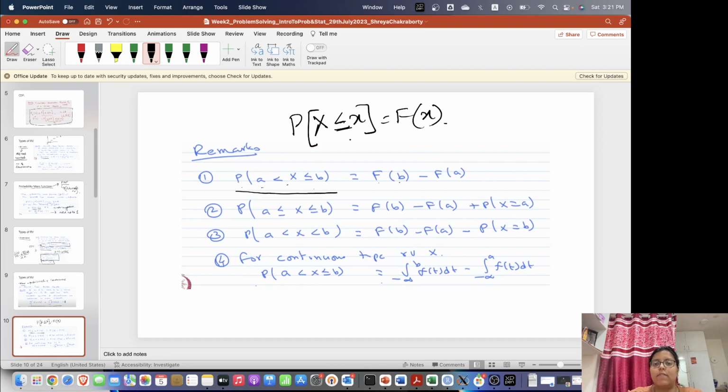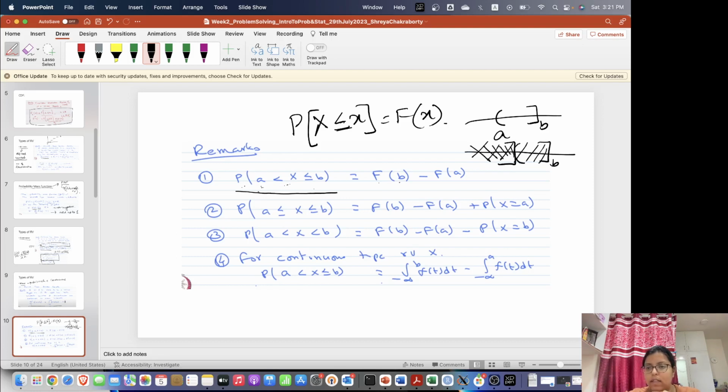Okay, like for example this one, probability A less than or equal to X less than or equal to B, it means that X lies between A and B. So how can we get that? Till B we have this much, and including A we have this much.